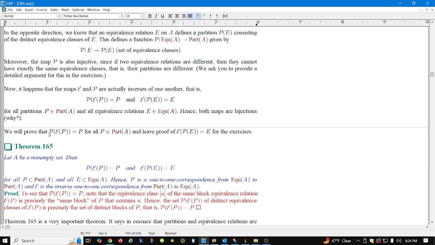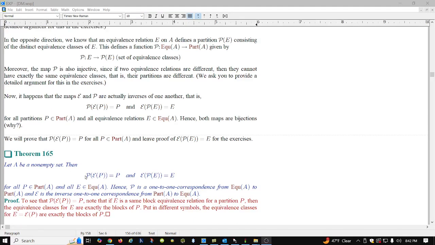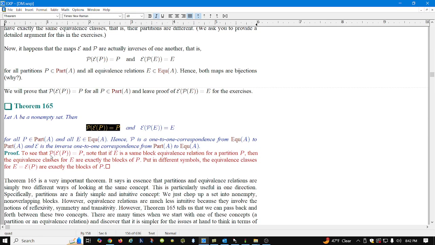So I'm just going to prove one of these for you, and I'm going to let you handle the other one. So let me prove this one. To see that this is true, notice that if E is the same block equivalence relation for a partition P, what are its equivalence classes?